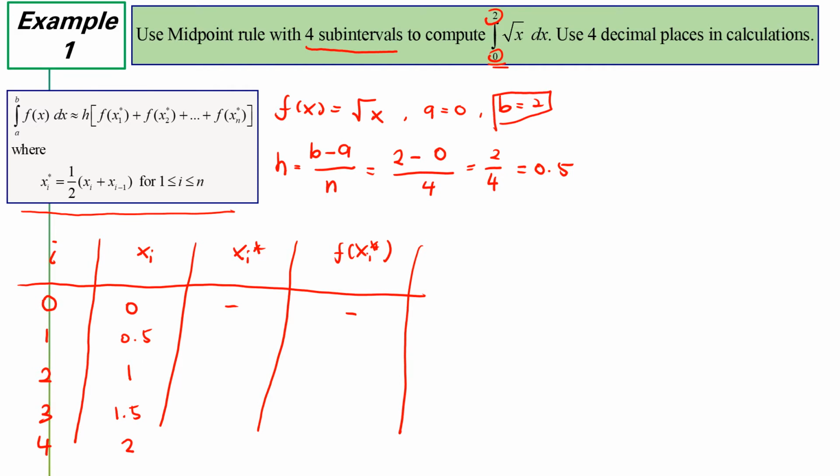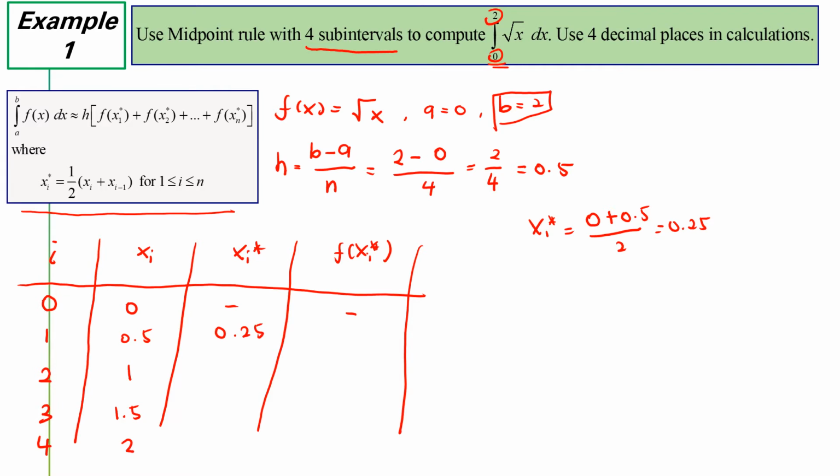Next for xi star, it is the midpoint. x1 star is equal to x0 plus x1 divided by 2, that is 0 plus 0.5 divided by 2, you get 0.25. x1 star is 0.25.